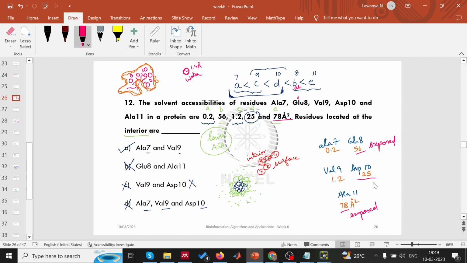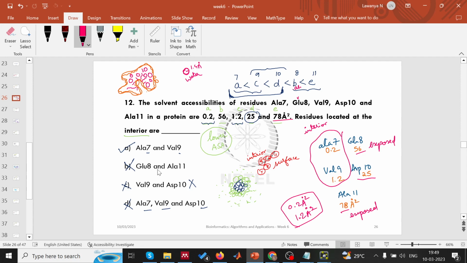It's neither buried, nor very, very exposed. But alanine 7 and valine 9, these are in the interior of the protein because of 0.2 angstrom square. Can you imagine? That's the surface area. And 1.2 angstrom square, that is lower than the resolution of a protein structure. Do you understand? So these are very, very negligible small areas.